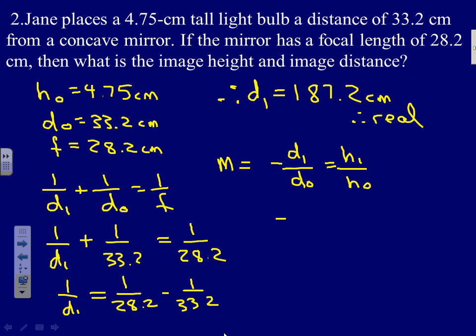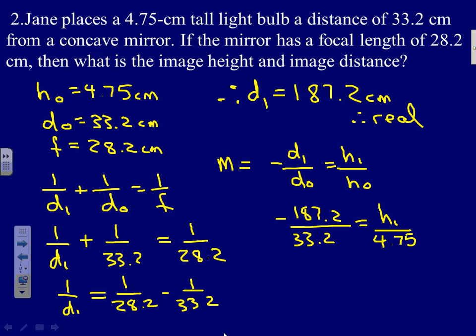Negative, doesn't matter which number the negative goes with. What is the di? We just calculated that. 187.2 divided by do, 33.2 equals. We're trying to find the hi and the ho, 4.75 centimeters.